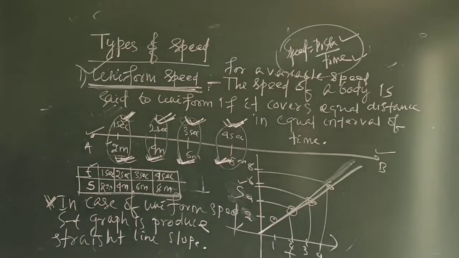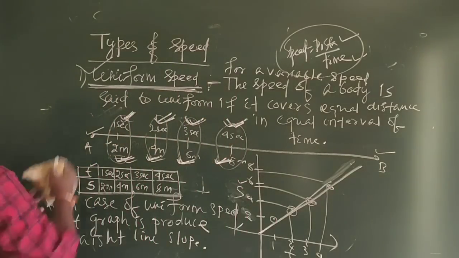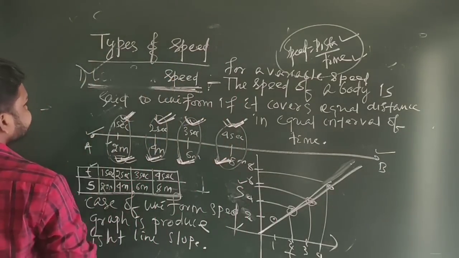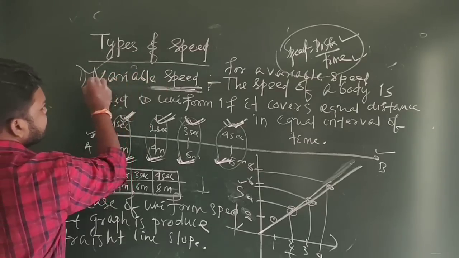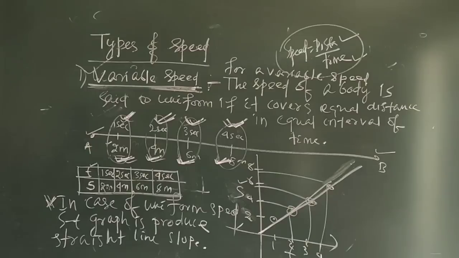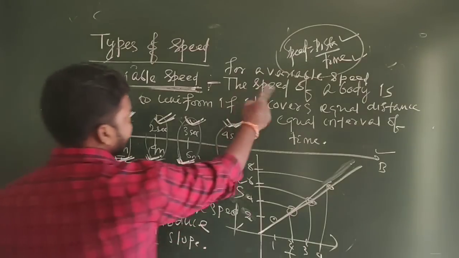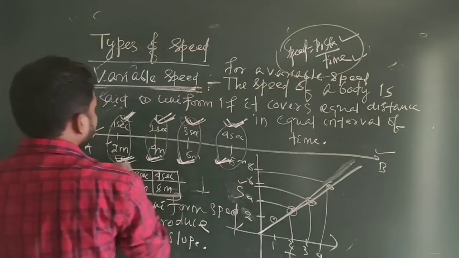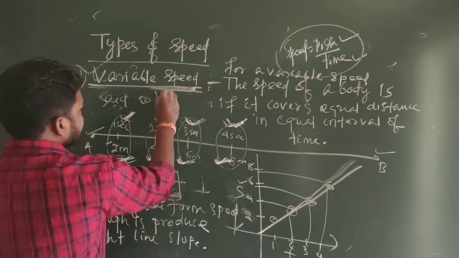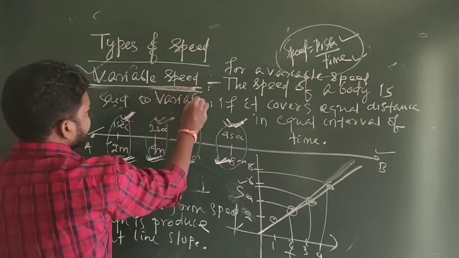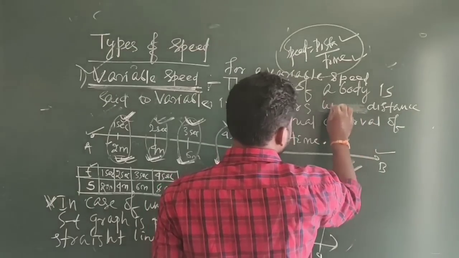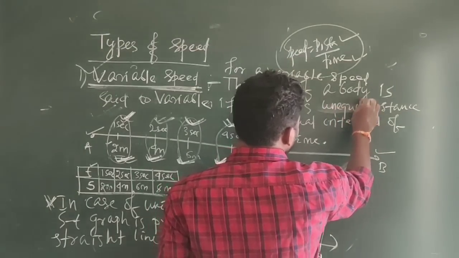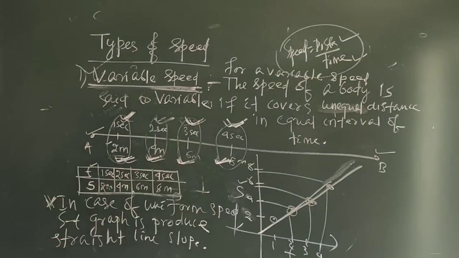This is uniform speed. And variable speed. So what is the meaning of variable speed? For a variable speed, the speed of a body is said to be variable if it covers unequal distance in equal intervals of time.